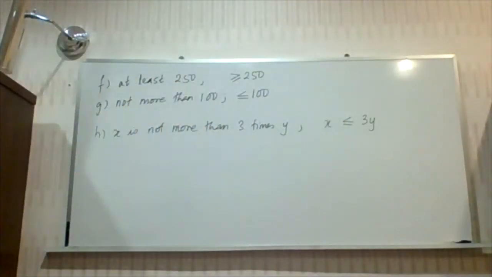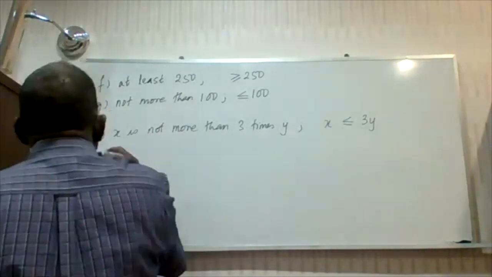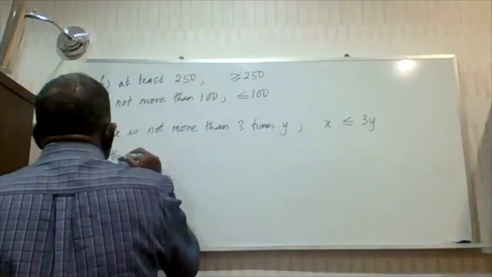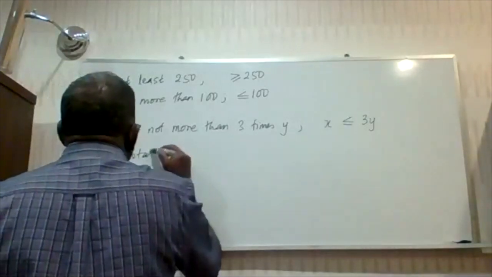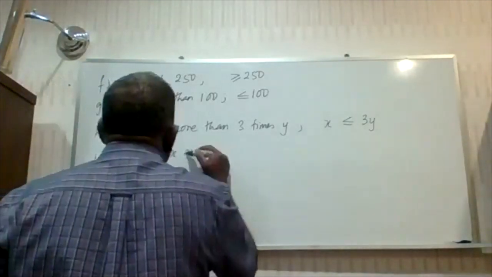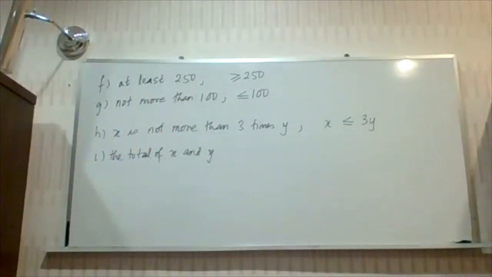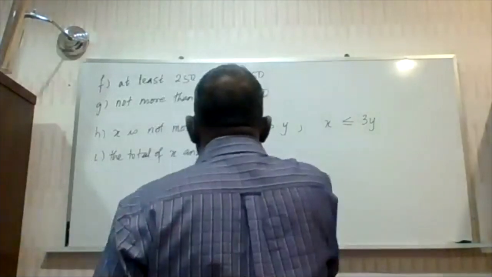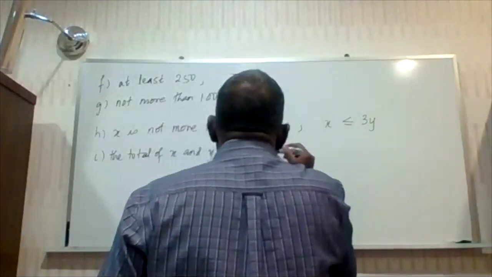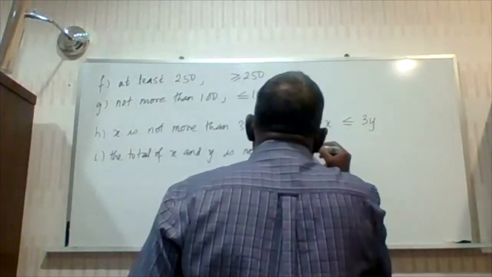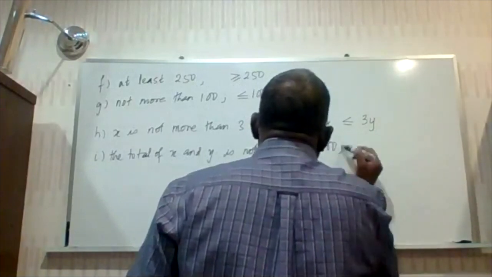Next will be the total of X and Y. The total of X and Y is not less than 500. How would that be?